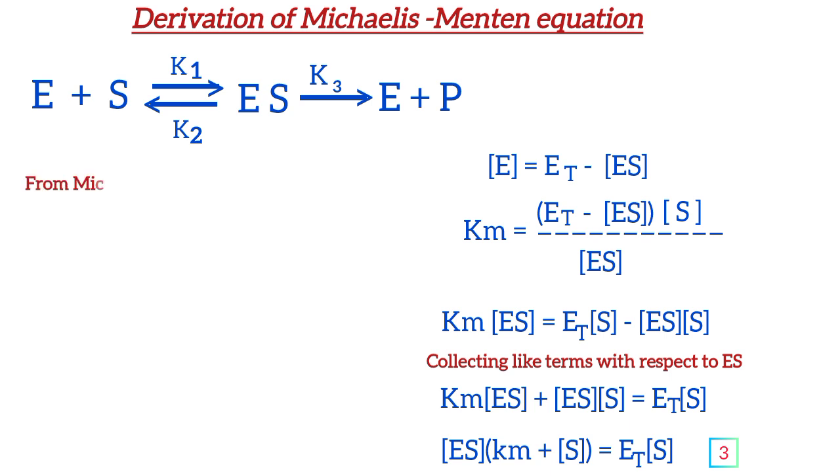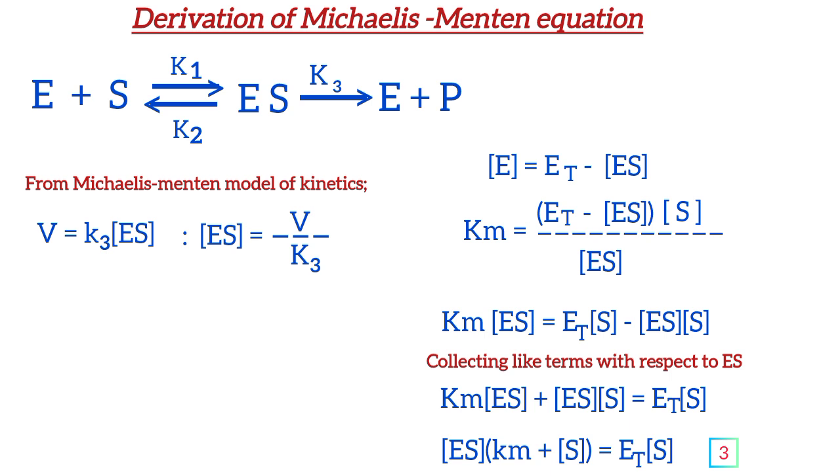From the Michaelis-Menten model of kinetics, we have that the reaction rate V is equal to K3 times the concentration of the enzyme-substrate complex. Making the concentration of the enzyme-substrate complex the subject of this equation, we have this. Also, we have that the maximum reaction rate is equal to K3 times the total enzyme concentration.